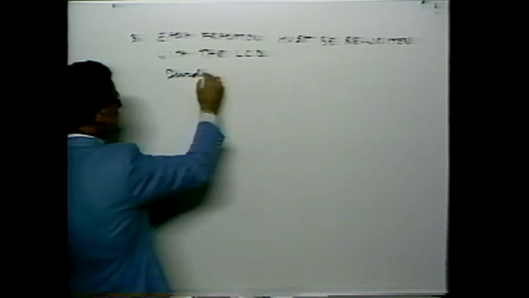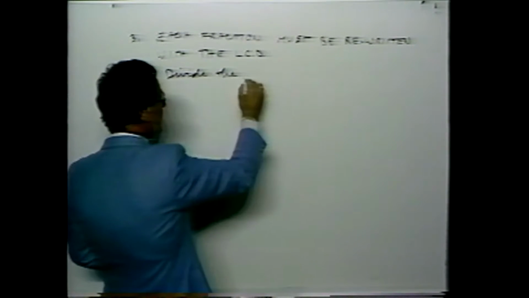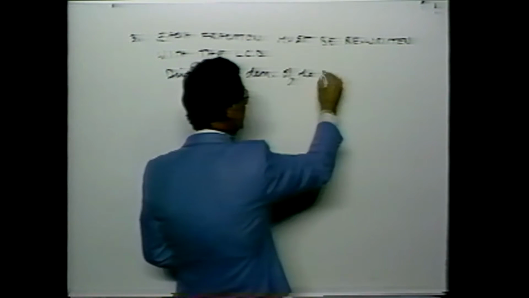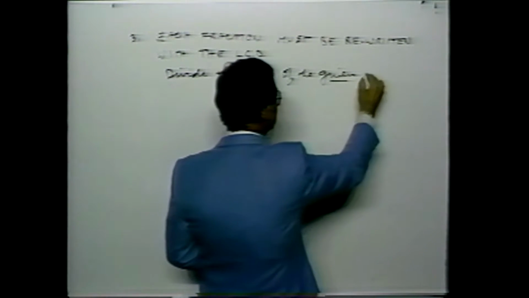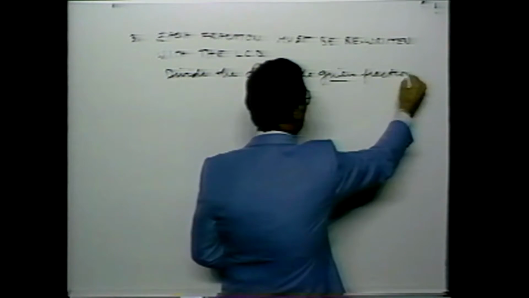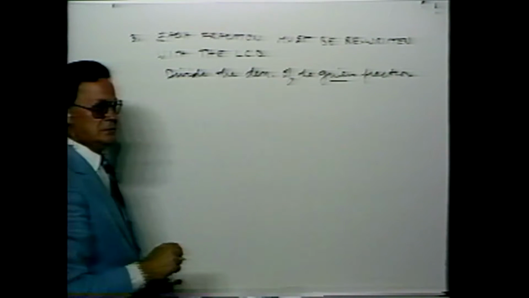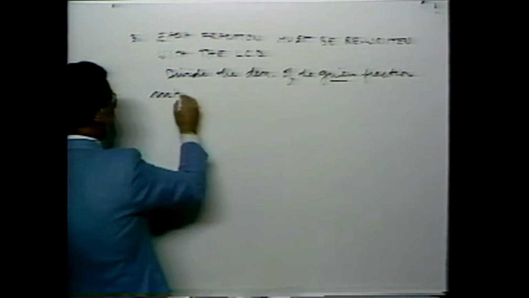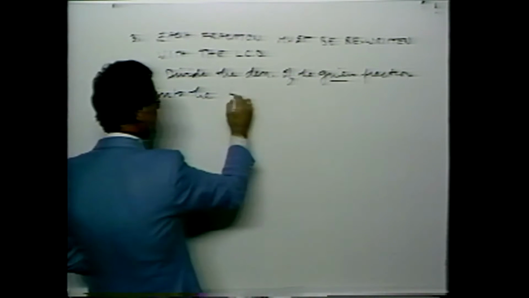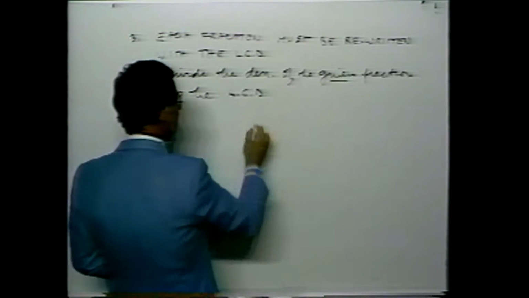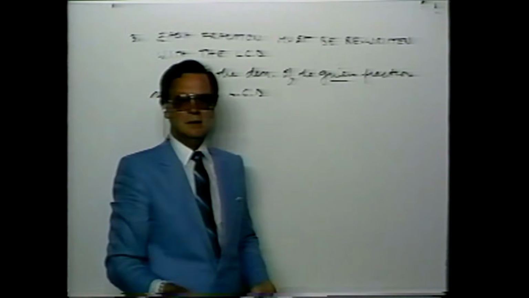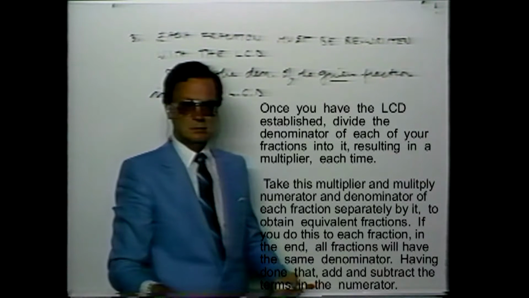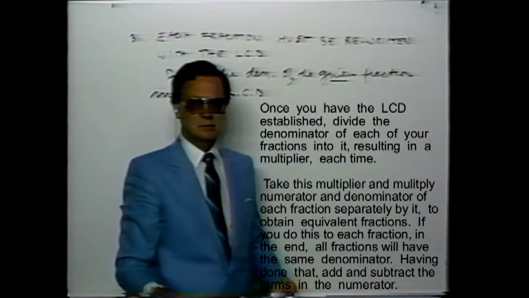Divide the denominator of the given fraction, the original one, into the LCD, and the result will be a quotient or another factor.